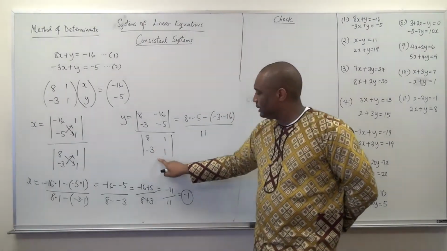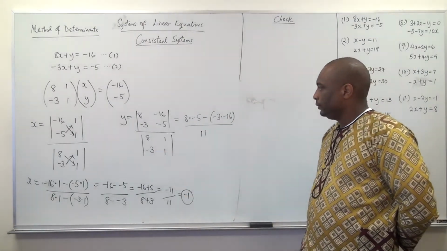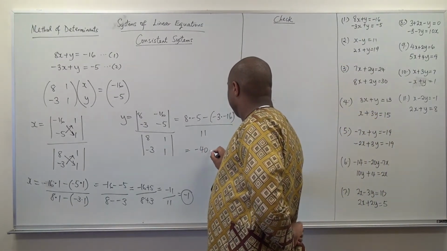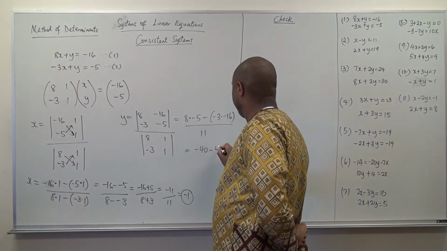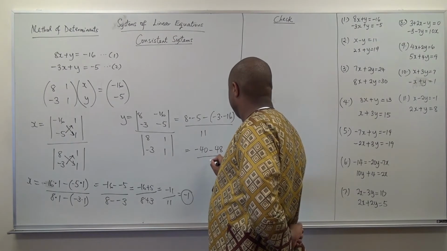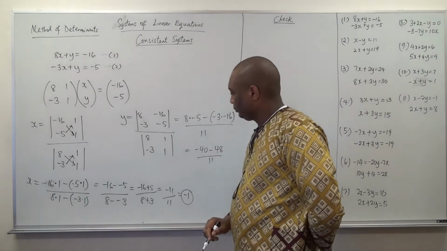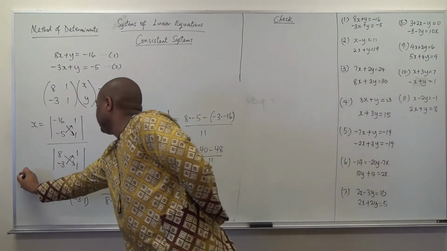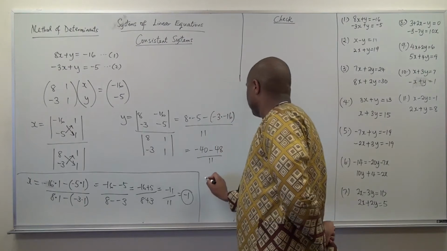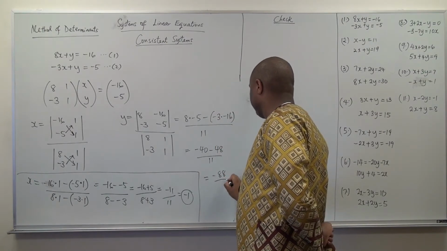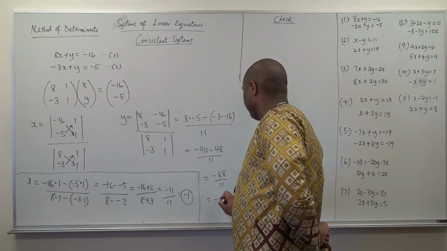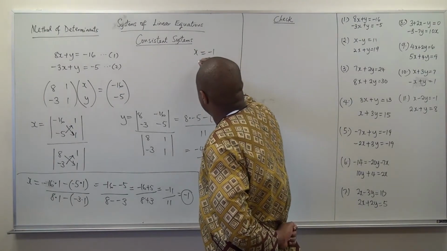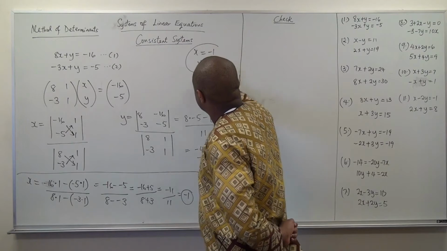So y will now be negative 40 minus 48 all over 11. So y will be negative 88 over 11, and y will be negative 8. So we have that our x is negative 1 and our y is negative 8.